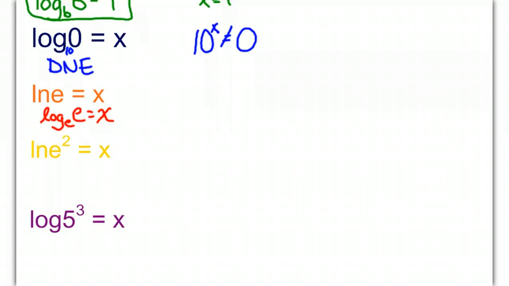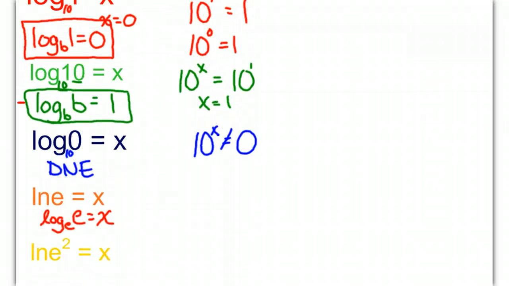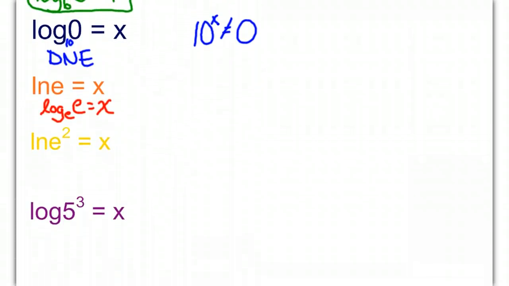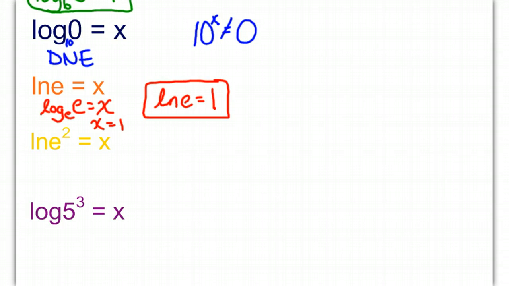If we remember here, if the base and what you're trying to take the log of is the same, then it equals 1. So the natural log of e is equal to 1. That goes along with log base b of b equals 1, because it's the same thing.